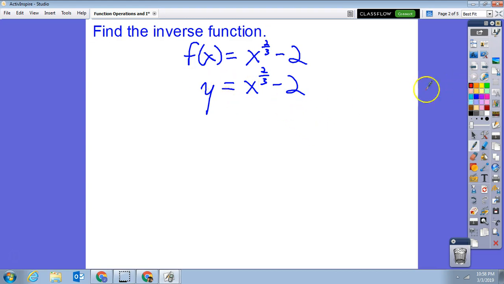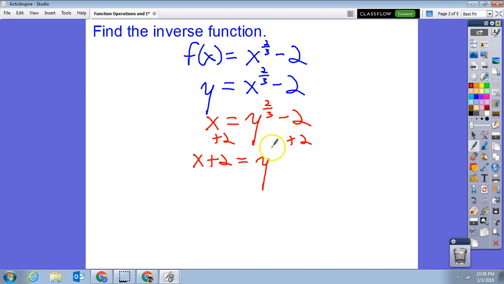To find the inverse, you do the same thing that we did before. You switch the x and the y. And then you solve this equation for y. So the first thing we would do is add 2 to both sides. X plus 2 equals y to the 2/3 power is what we would end up with.